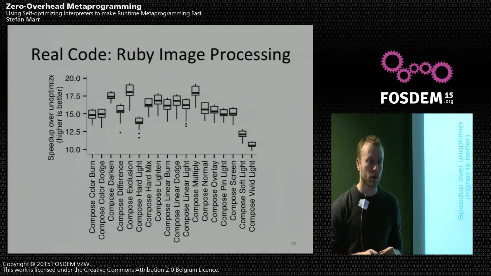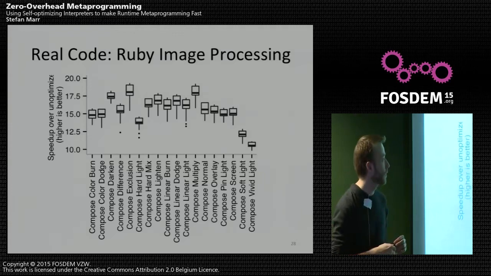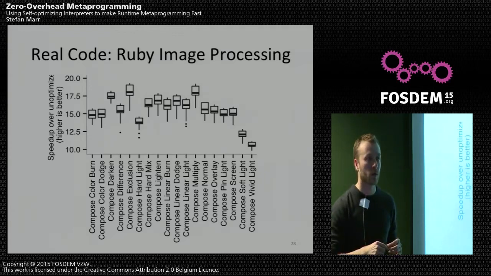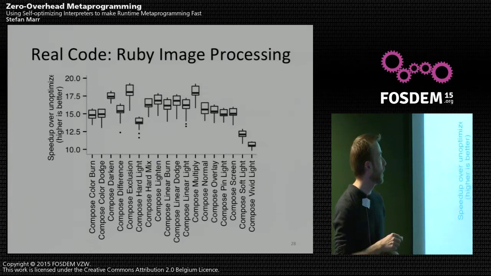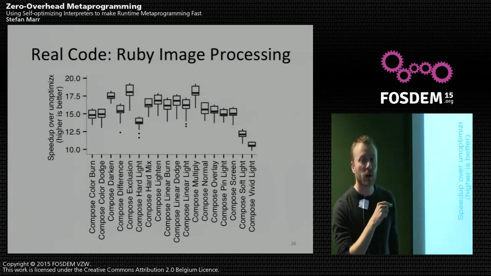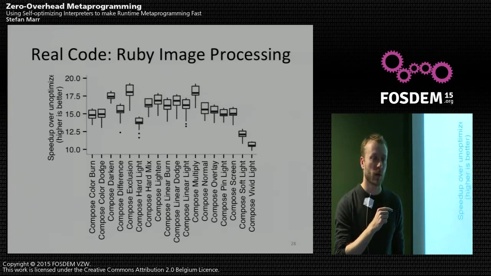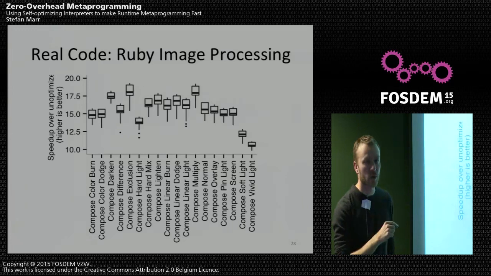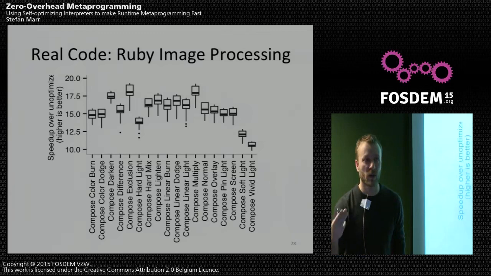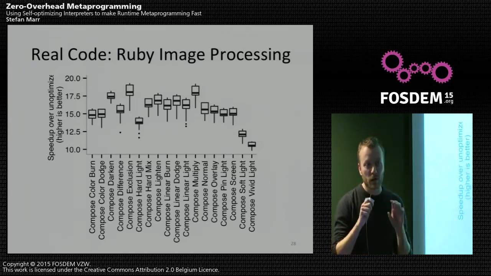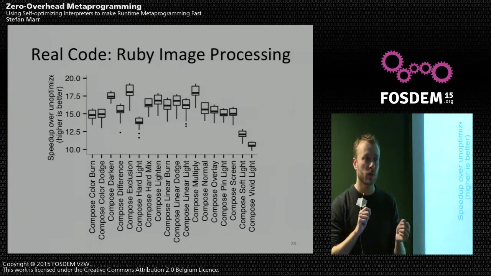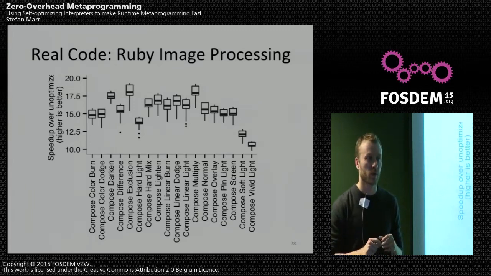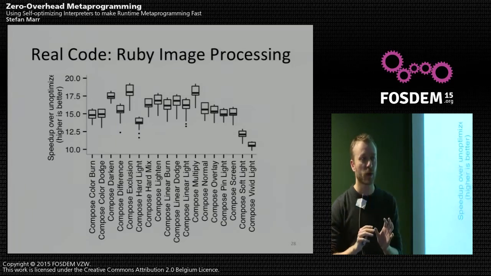practice-oriented. That's where Chris Seaton came in with his JRuby implementation. He applied the same techniques in that context, kind of independently, and he checked what kind of speedup he actually gets on real applications. He looked into a Ruby image processing library, which is a good example where Ruby people think, very much in the dynamic Smalltalk way, okay, let's use perform, let's use doesNotUnderstand to implement our little Photoshop processing library.